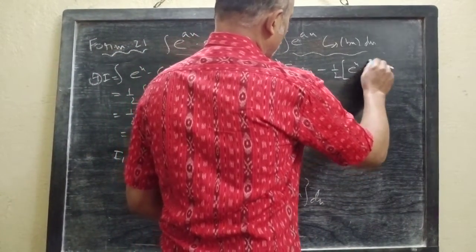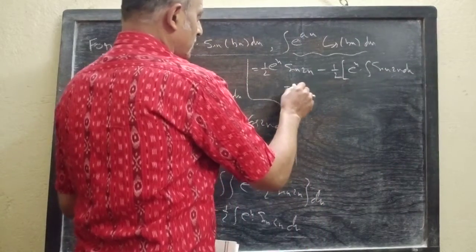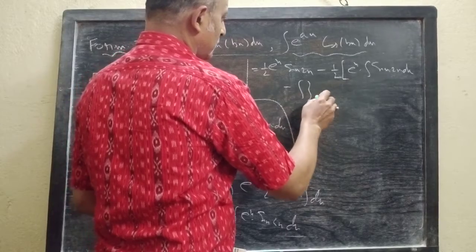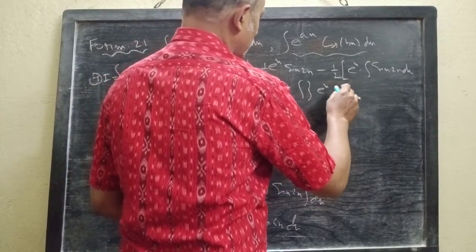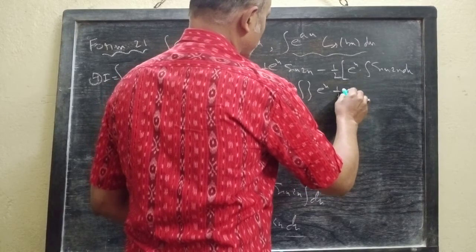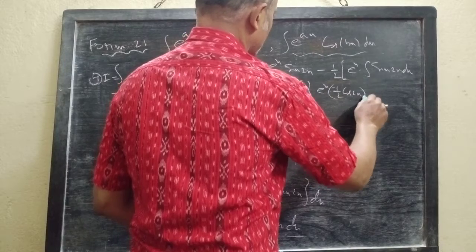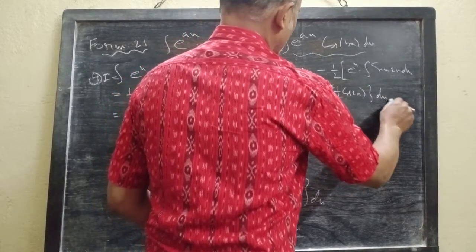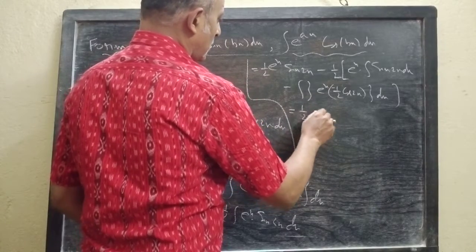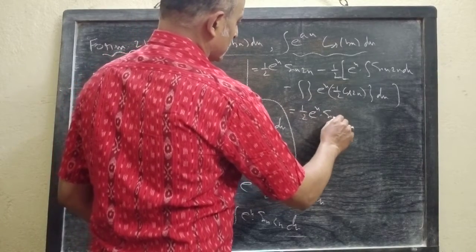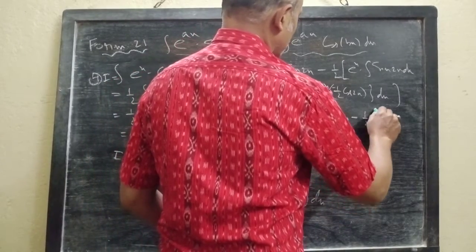So this will be e to the power x integration sin 2x dx minus integration, second bracket, derivative of e to the power x is this, integral of sin 2x is minus half cos 2x dx, that bracket closed.